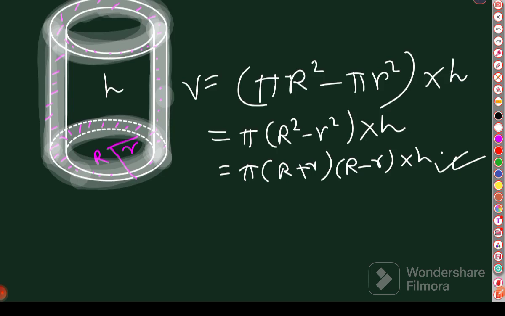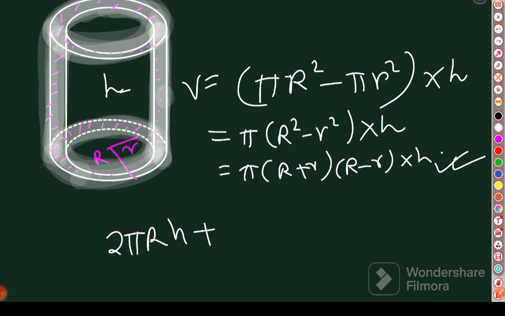And the ring is also there. The ring is 2 into pi capital R square minus pi small r square. So that will be the surface area. I repeat, one you will get for the outer wall, that means 2 pi capital R h.